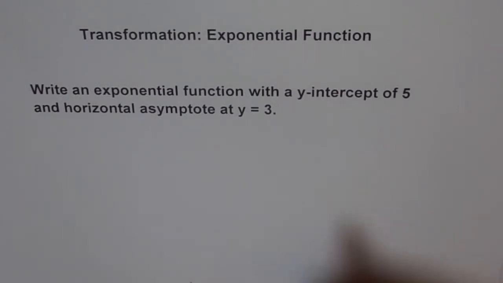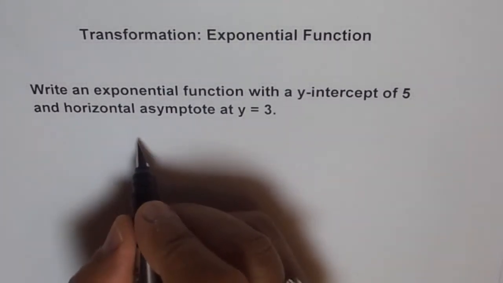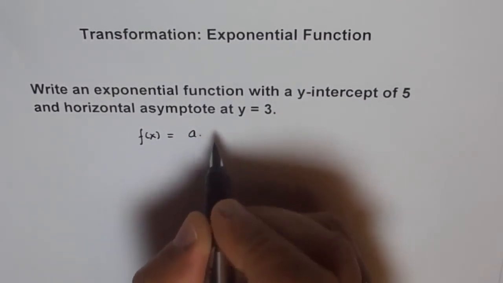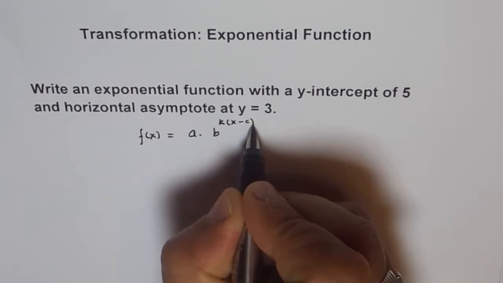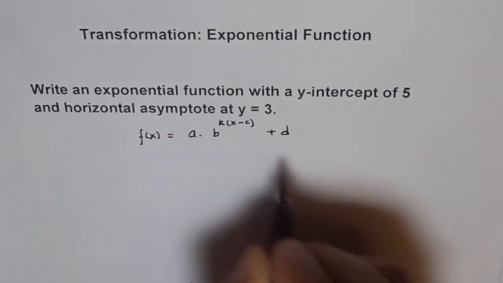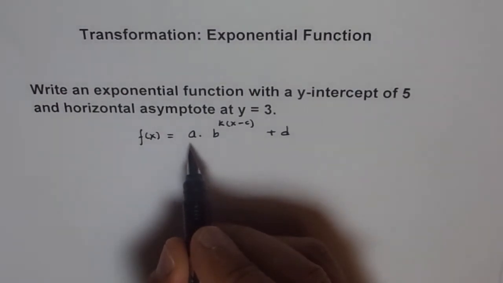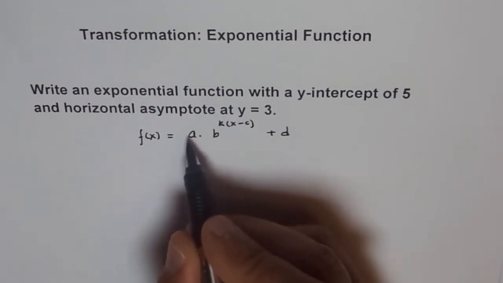In general, a transformation equation is f of x equals a times b to the power of k x minus c, plus d. So this is our general exponential function in transformed form. Here a is a vertical stretch if a is positive and greater than 1, and a compression if it is less than 1 and greater than 0, and if it is negative, there is a reflection on the x-axis.